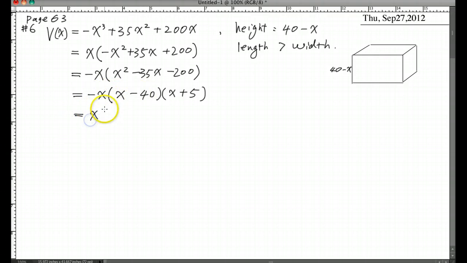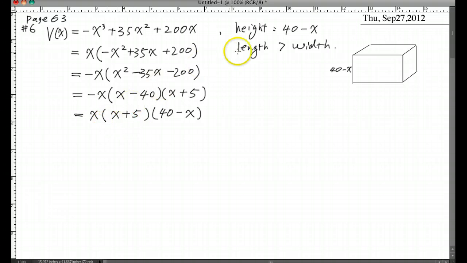We got x, x plus 5, and this one, because you multiply negative 1 into it, becomes 40 minus x.